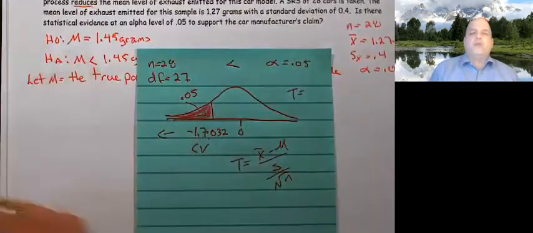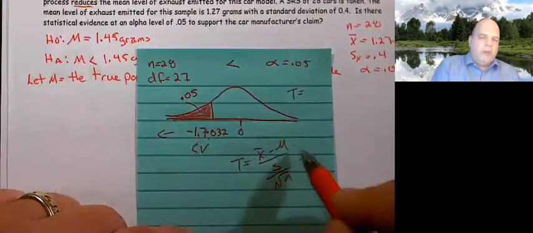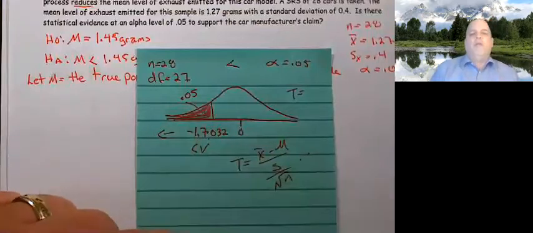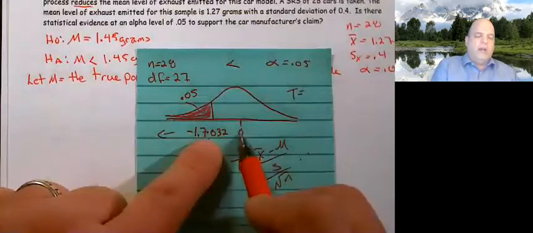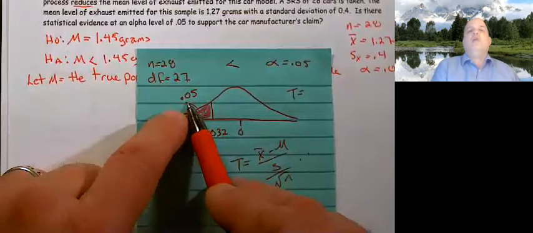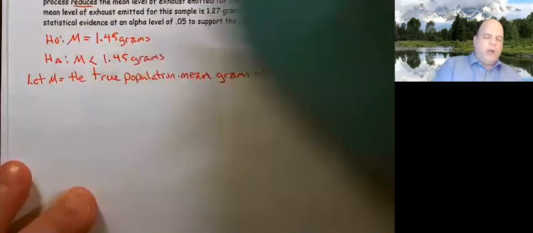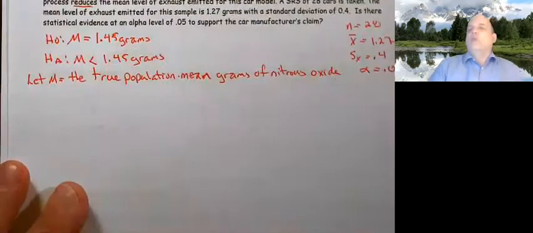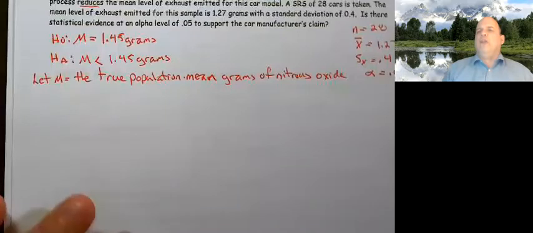Now, we always express in p-values. If this probability is less than 0.05, I also reject. If I get a value to the right of negative 1.7, I fail to reject. If my p-value is greater than 0.05, I fail to reject. So hopefully that will help when we come back to running this test, so that you'll have a good understanding of critical values and alpha.